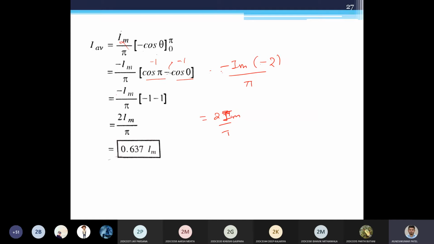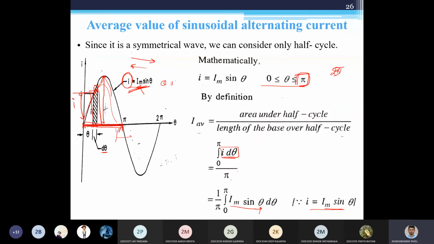So at any point of time, if you ask what is the average value of a sine wave or cos wave, the value would be 0.637 into Im, where Im is the maximum or peak value of current, where your sine wave has the maximum value.